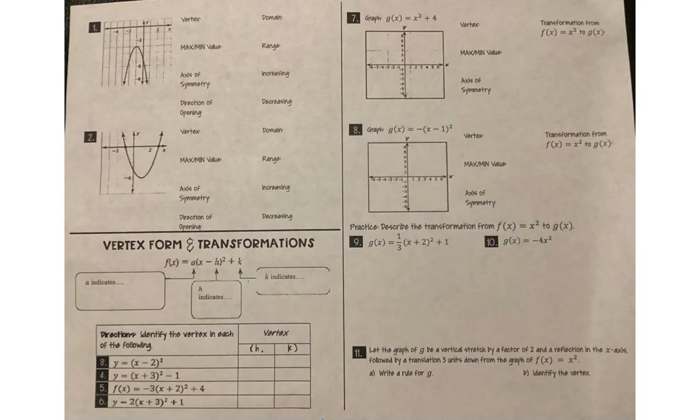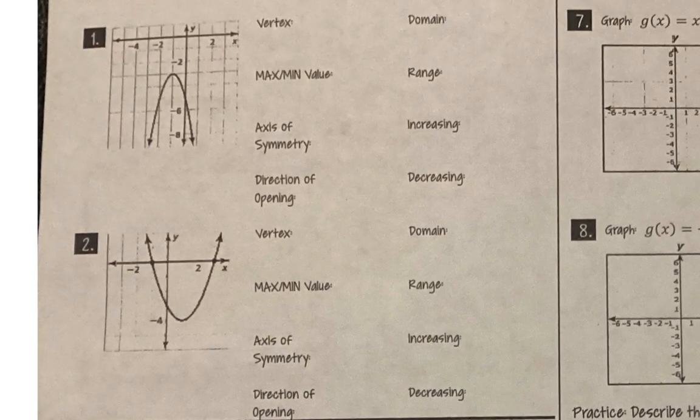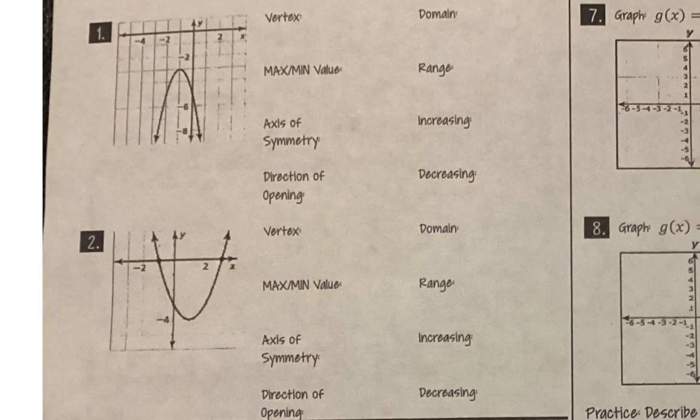Welcome back. Page 2 of our, what did we call it? Quadratic Functions, the reference sheet. So let's zoom in to what we're looking at. Here are some problems that we're actually going to work through.